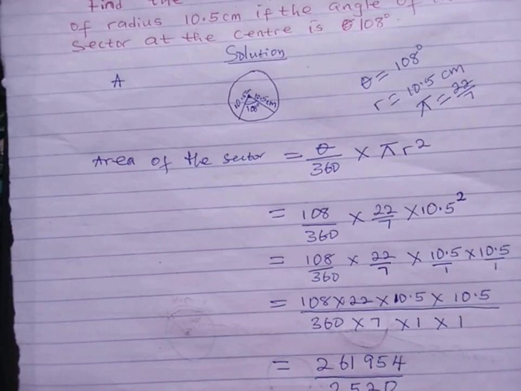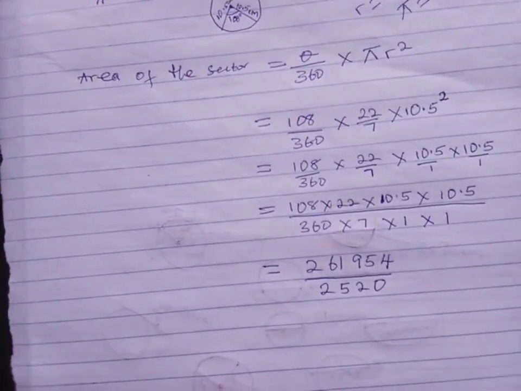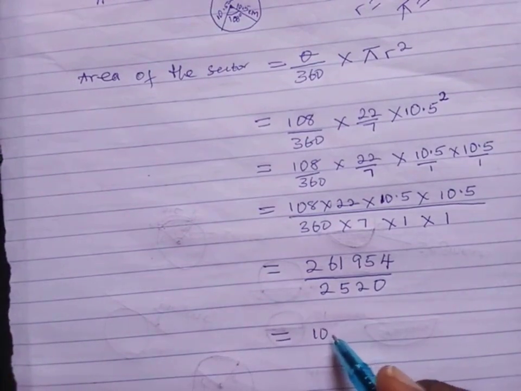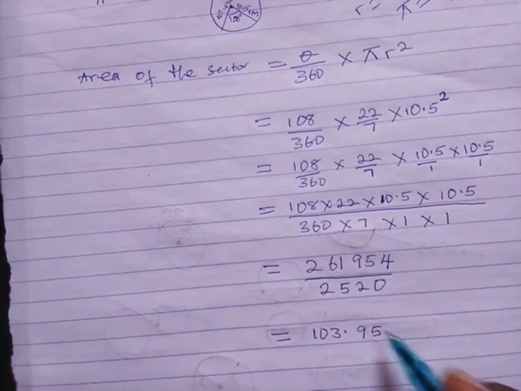So we have 261,954 divided by 2520. So once you divide, you will arrive at 103.95.